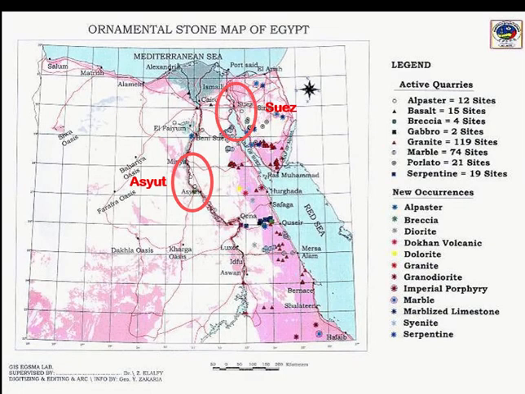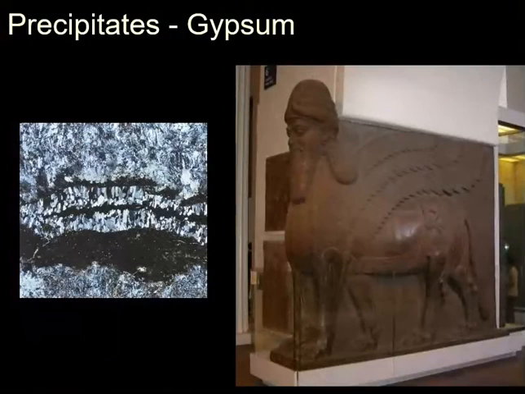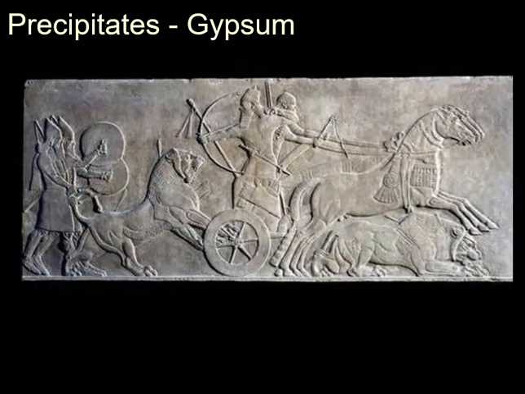The area of Asyut and Suez are particularly well known, but this is actually near Helwan, and you can see this is a quarry of alabaster or travertine from this limestone hill. So gypsum, of course, is the well-known Baghdad marble used for Neo-Assyrian sculpture, like this.